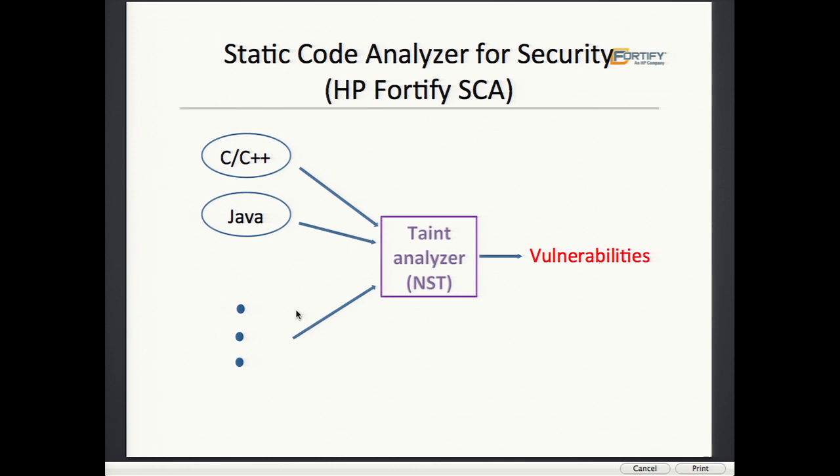And then it has a backend. The backend is actually a collection of different analyzers. Each analyzer is designed for finding a set of vulnerabilities. In my talk, I just give the example of taint analysis, which is done by the taint analyzer in SCA.